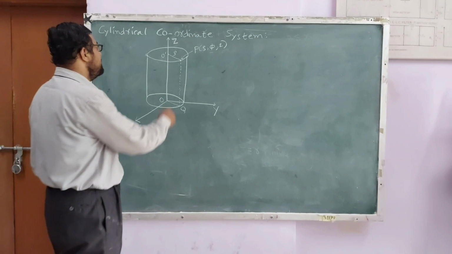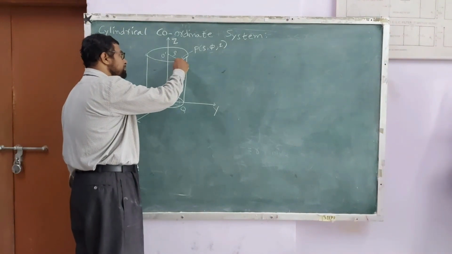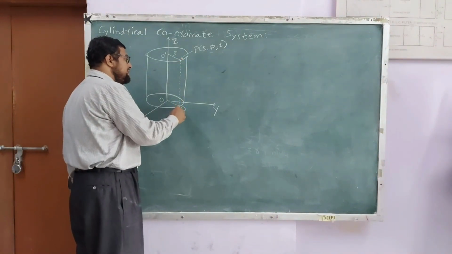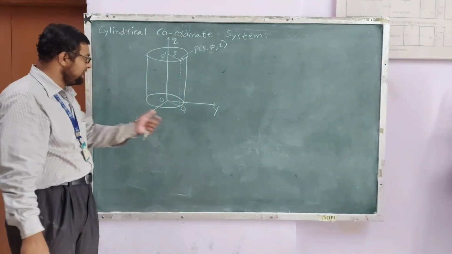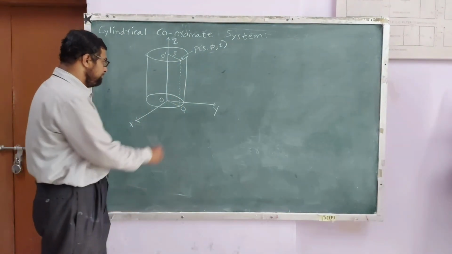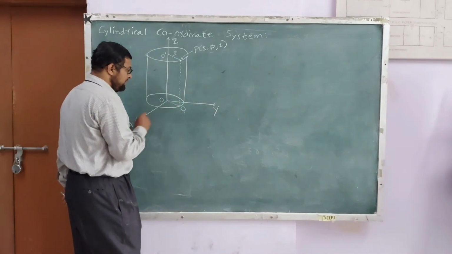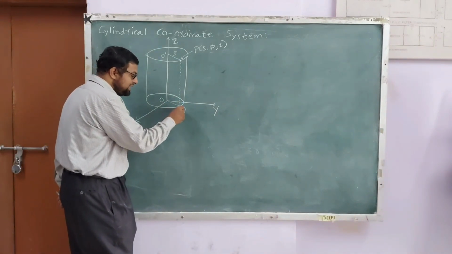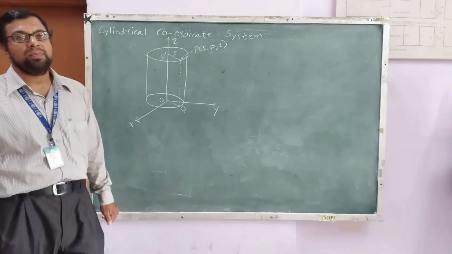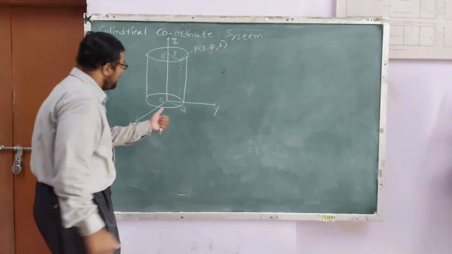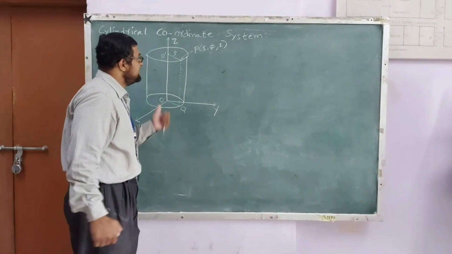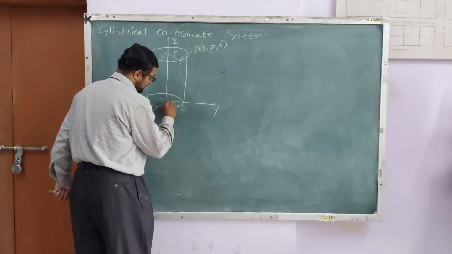What we will do is put a perpendicular on this xy plane, and that point we call capital Q. Then the angle between the x-axis and OQ is nothing but our phi. That is, this angle is phi.